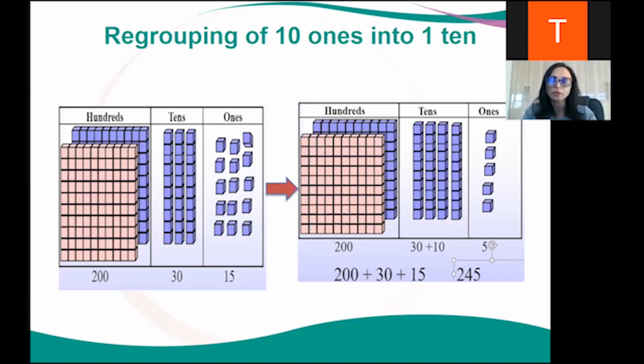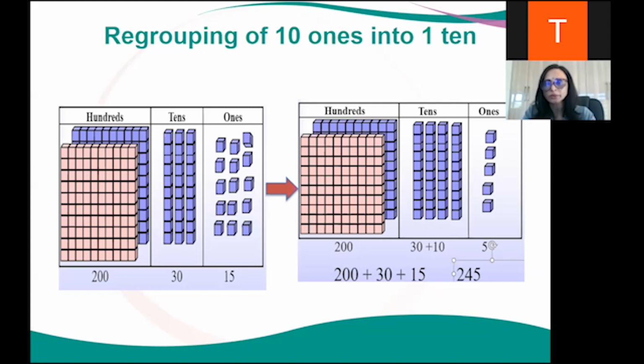For example, look at this calculation: you are asked to add 200 plus 30 plus 15. The quick way to do it is to regroup the 15 units into a 10 and see what's left over. So look at the table on your right.